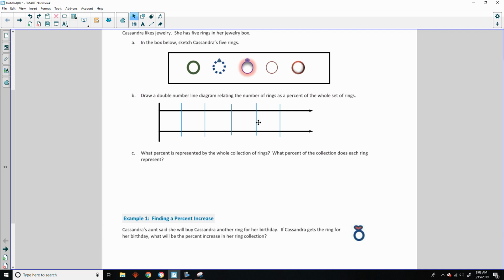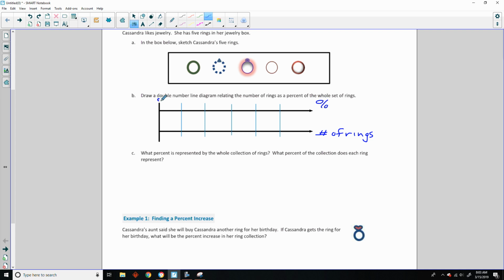Right about there, maybe. Okay, anyhow, there's the 5 lines. Now what you want to do is have percent on one line and number of rings on the other line.